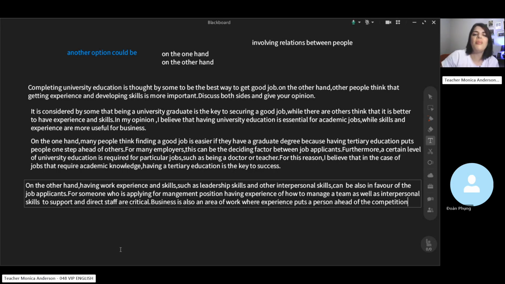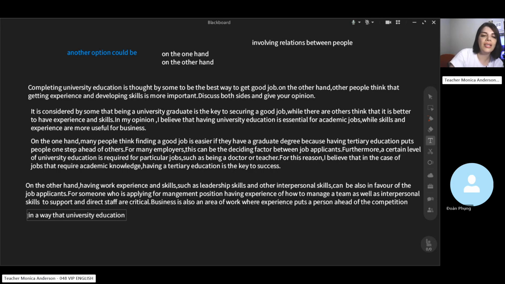You know, it's like a competition, for example, you are competing with some people. So that's really important, and it's important in a way that, for example, university education could not. So we can say in a way that university education could not.